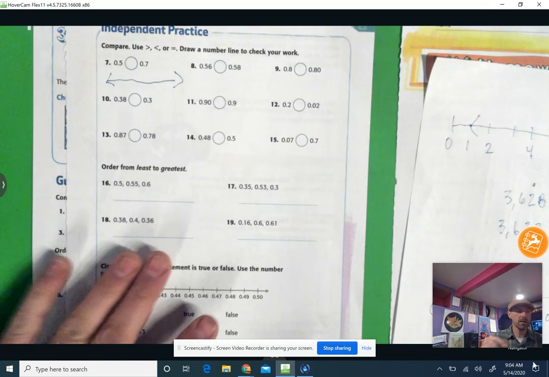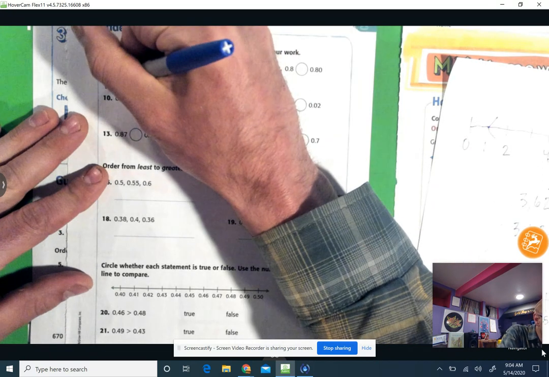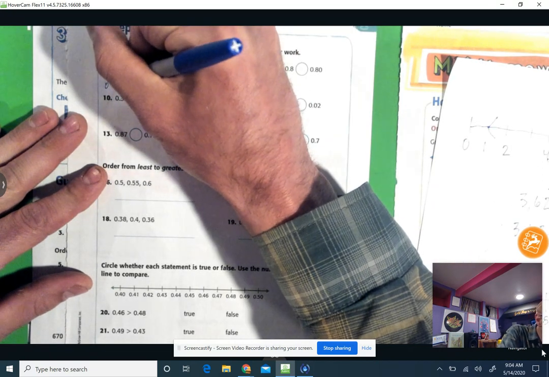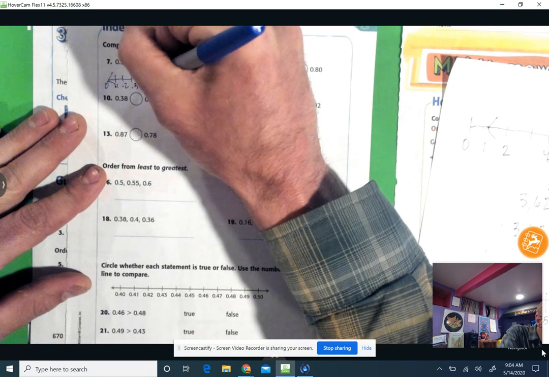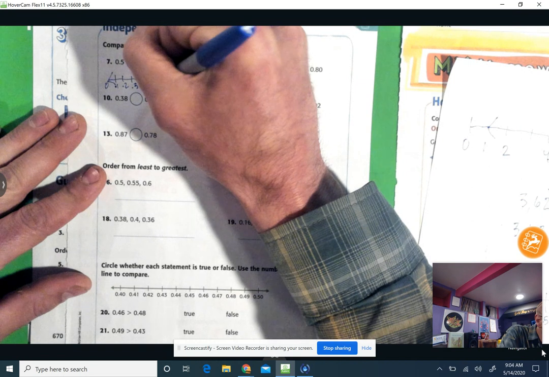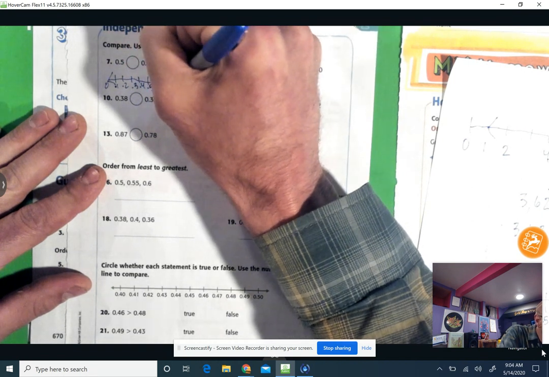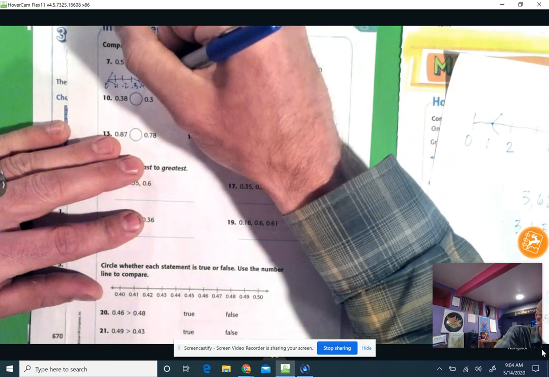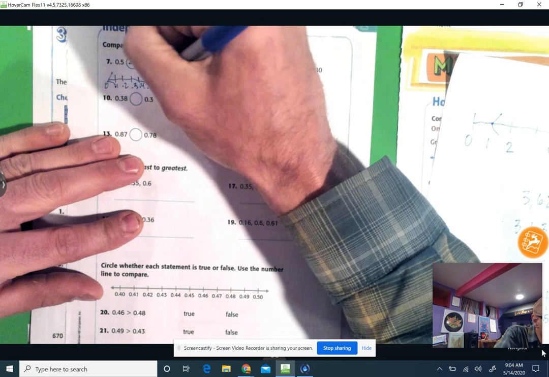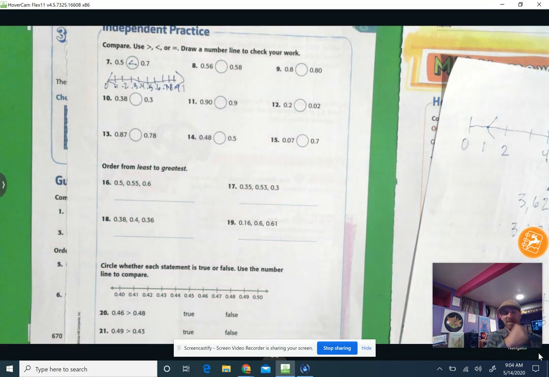We are not dealing with numbers greater than 1 today. 0 all the way to 1. You have 1/10, 2/10, 3/10, 4, 5, 6, 7, 8, and 9/10, and you can see that 5/10 is less than 7/10 because 7/10 is further away from the 0. And that's drawing a number line to check your work right there.